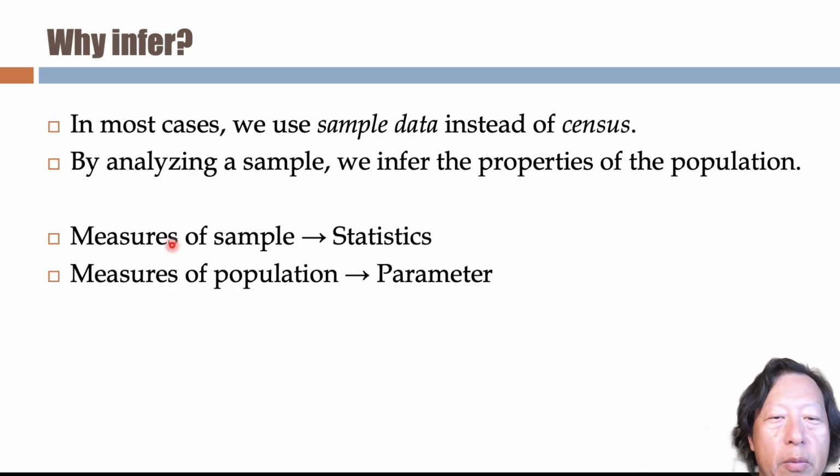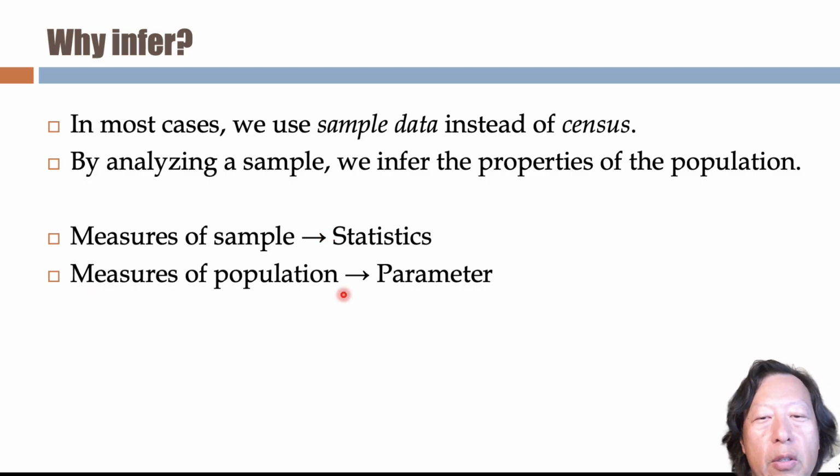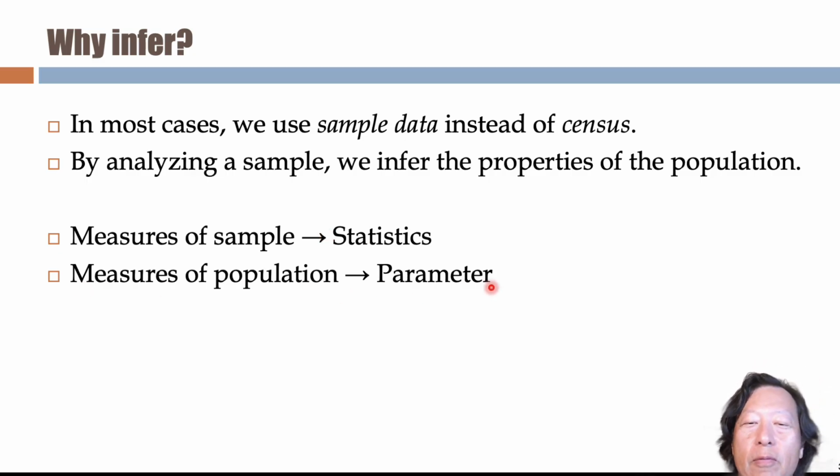A measure of the sample we call a statistic, and a measure of the population is a parameter. What it means is that if you calculate the mean of the sample data, that's a statistic. Statistics also has two different meanings.